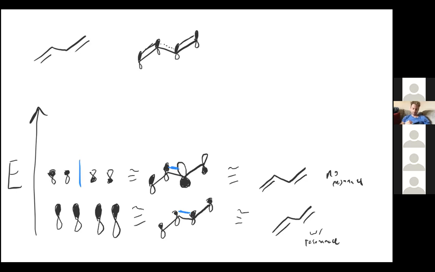As we push upward, we start breaking bonds, and we're going to start getting radicals on carbons.